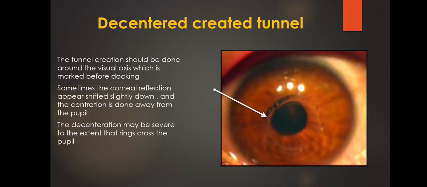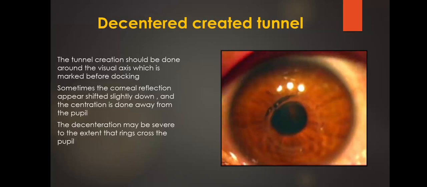Second complication is decentered created tunnel. Here the tunnel is created, but it is away from the visual axis. We should create the tunnel around the visual axis. If the tunnel is shifted slightly downward, the centration is away from the pupil.